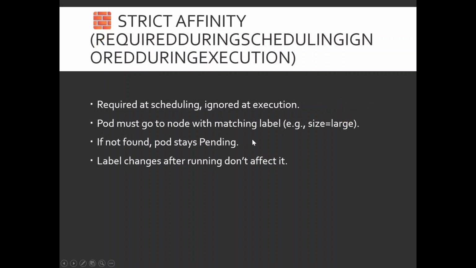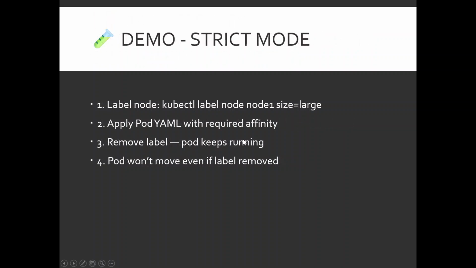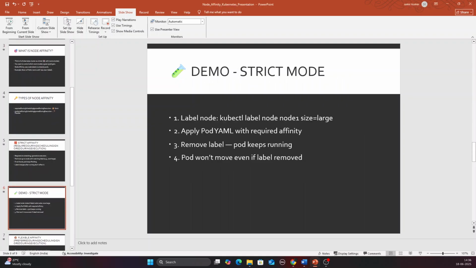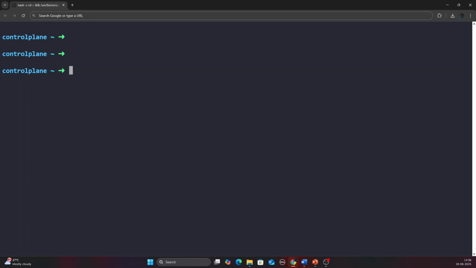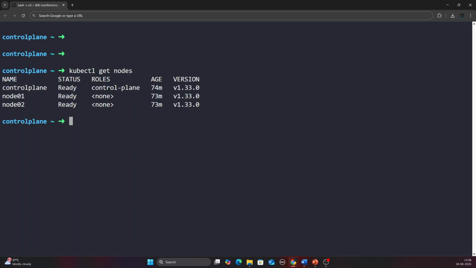So let's see the practical implementation of how we can achieve this. First, we'll label the nodes. If we go to our control plane and give the command kubectl get nodes, here we can see we have the control plane and two nodes, node 1 and node 2. The first step is to label the nodes.